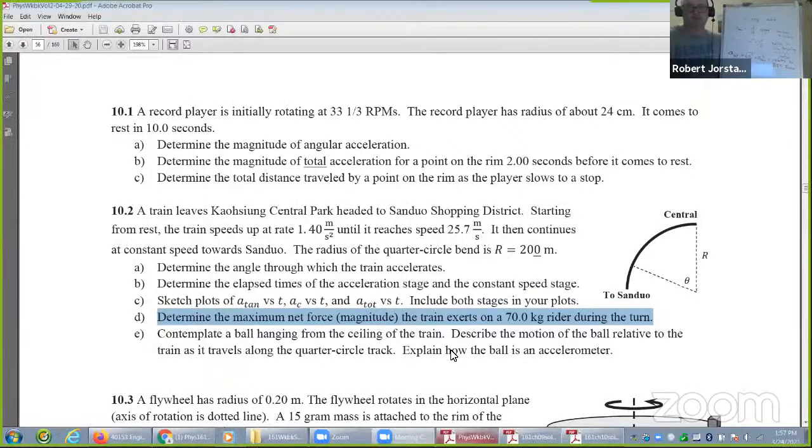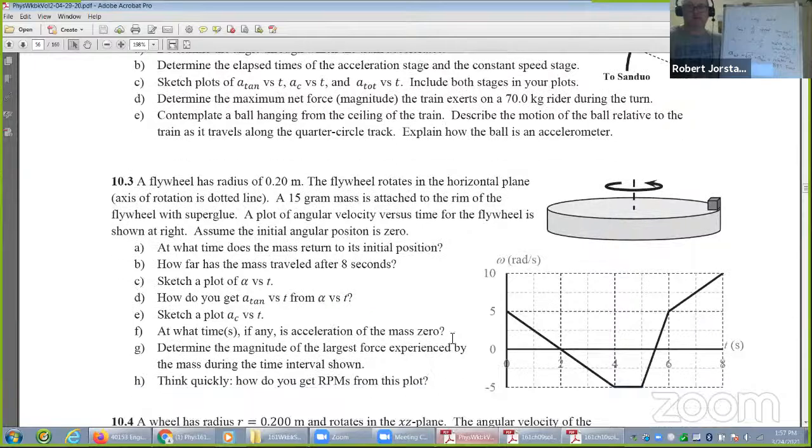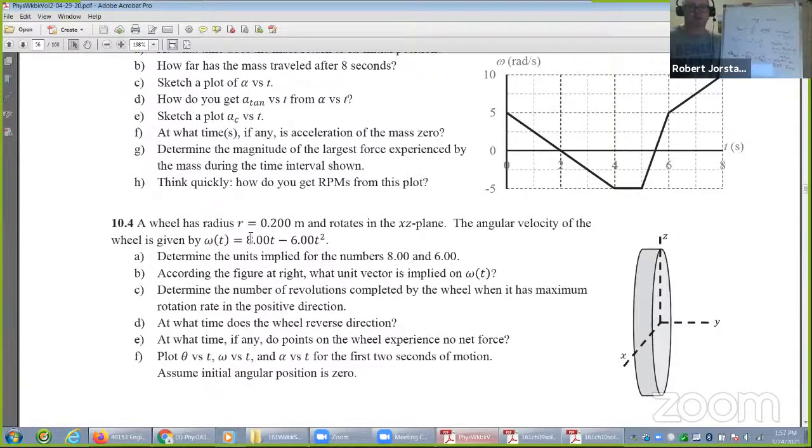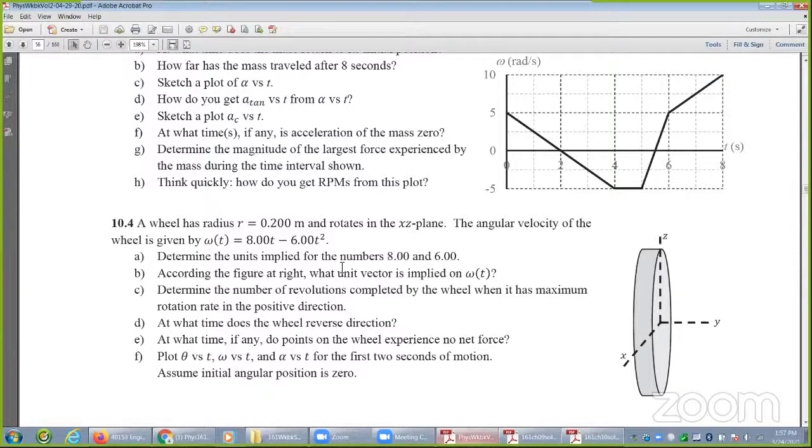All right, so here's one where I gave you the graph and asked you to interpret it just like chapter 2. Here's one where I give you something here. What do you notice about this one? What's special about 10.4? It's not constant acceleration. Exactly. So what do you have to do? The hard work. Calculus.